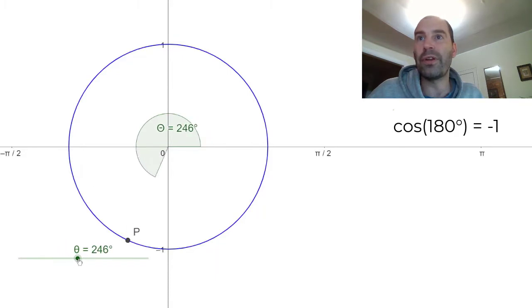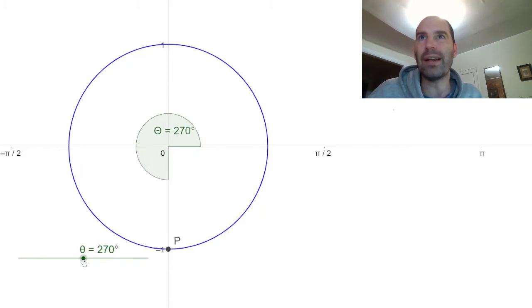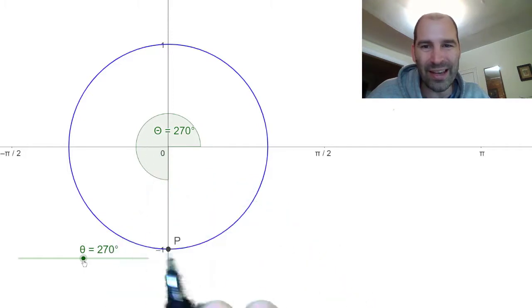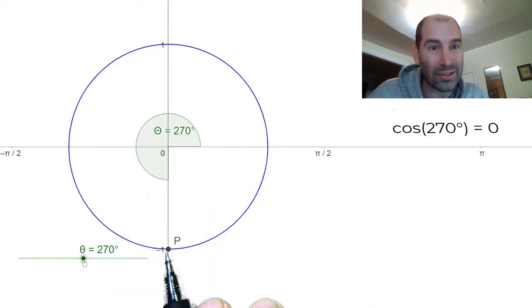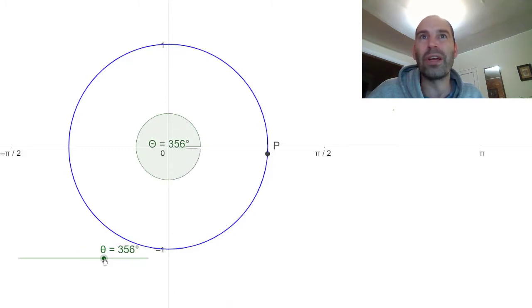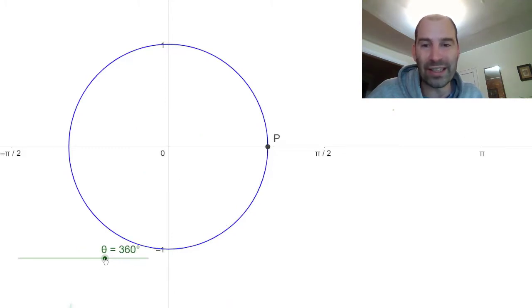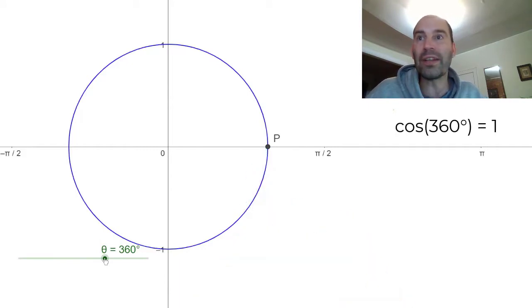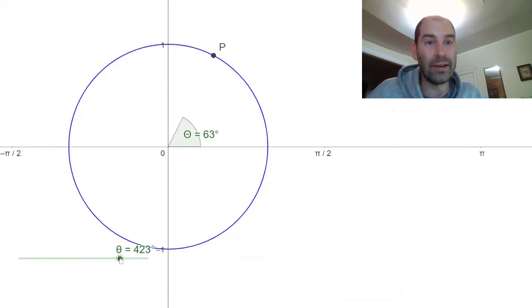If I push this further, to 270 degrees, the cosine of this angle is 0, because the x coordinate of this point is 0. And if I push this over to here, cosine of 360 degrees is back to 1. And then the process starts over again, right?